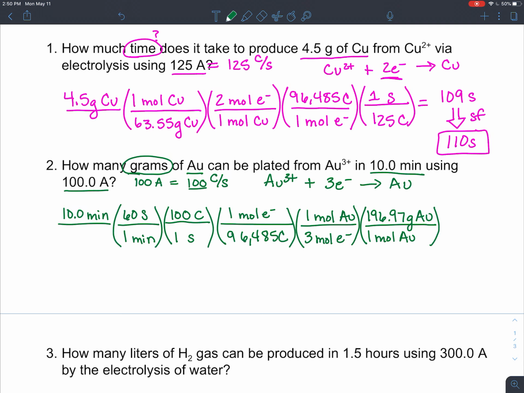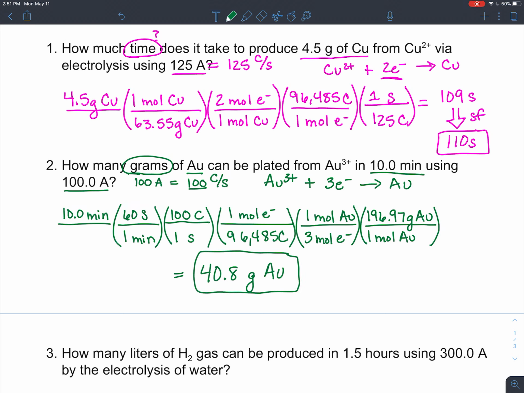Okay. Now we just go through and do the calculation. We're going to use 3 sig figs since our 10 minutes is in 3 sig figs. Our amperage is actually in 4, so we're going to take the least of those 2. And we get 40.8 grams of gold would be deposited.